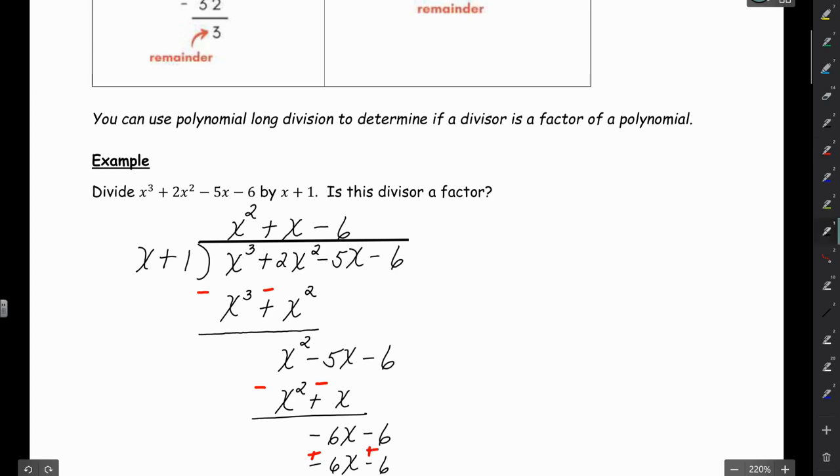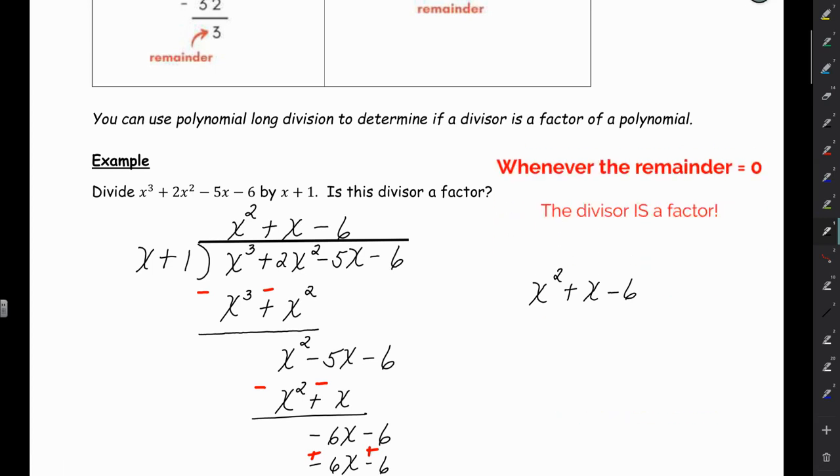Add them together. We get a remainder of 0. So our solution for this, we get a quotient of x squared plus x minus 6. And then we have to answer the question, is this divisor a factor? Since we don't get a remainder, it is a factor. So yes, x plus 1 is a factor.